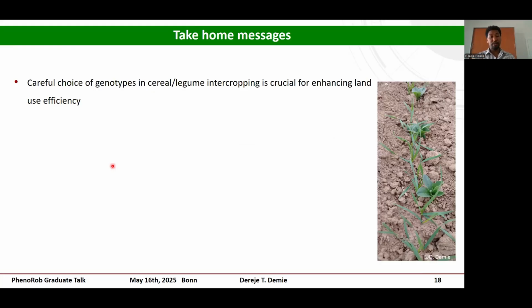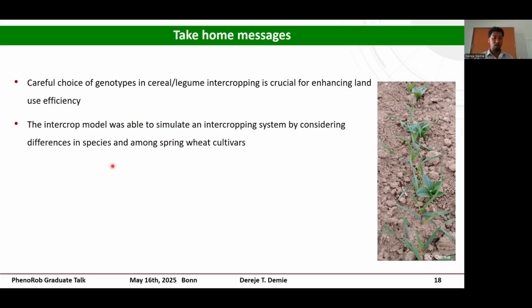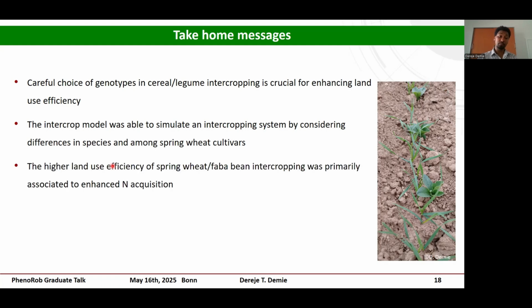With this, I will bring my presentation to an end. So a careful choice of genotypes in cereal legume intercropping systems is crucial for enhancing land use efficiency. And the intercrop model we have developed and tested is able to simulate intercropping systems by also considering differences in species and cultivars. This is particularly important for conducting virtual experiments using this model.